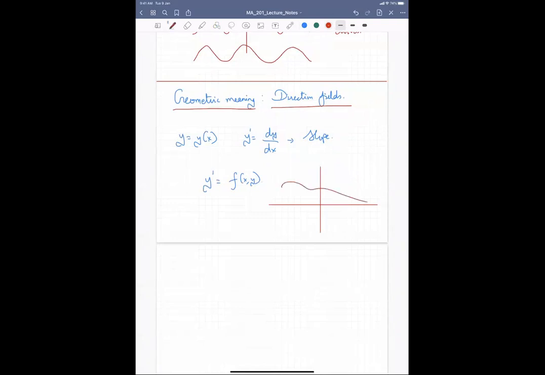I don't know if this is the only solution or there is a family of solutions, but I'm just looking at one particular solution. Suppose I look at some particular point, let us say x0 here, and then I figure out the slope. What is the slope at this particular point? The slope at this particular point is f of x0, y.